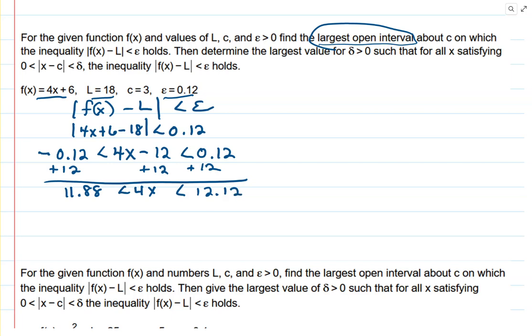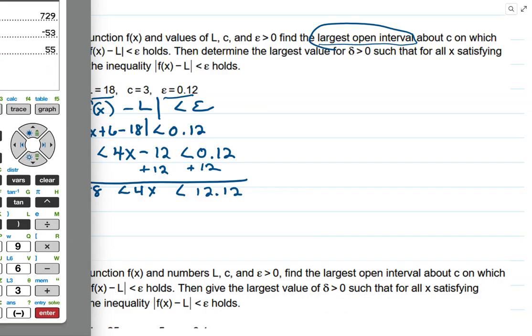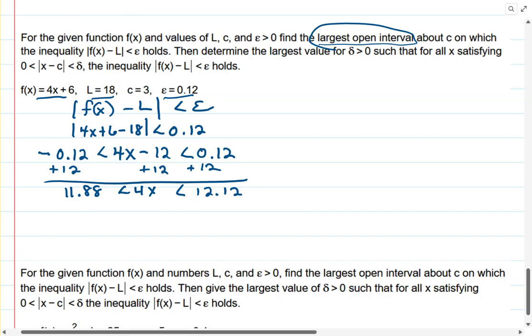Now, I don't know that one, I'll make a mistake, so I'm going to get my calculator out. 1188 divided by 4. Everybody check my math now. 297. Yep. Good.